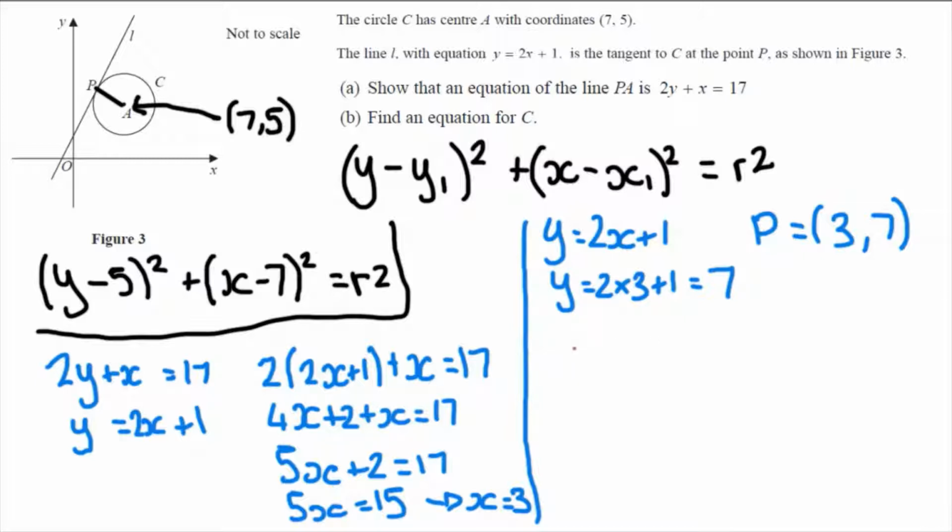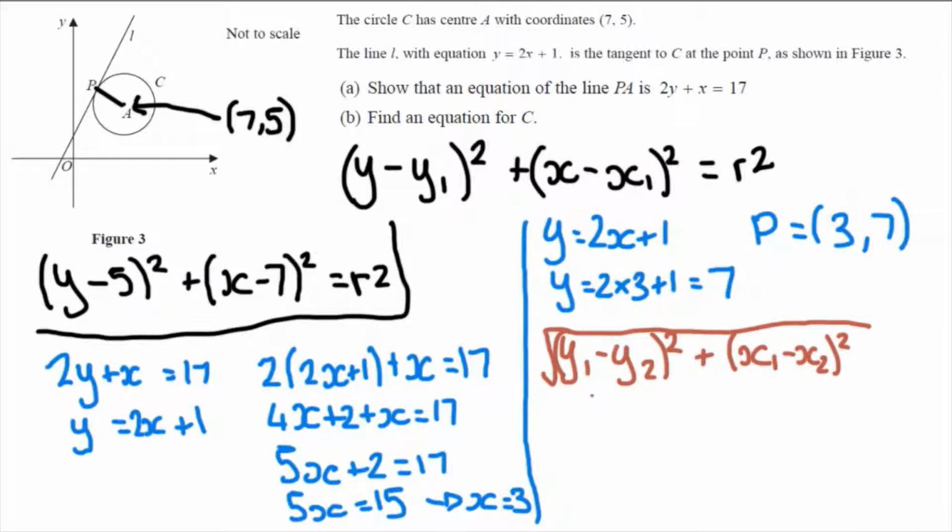So for those who aren't familiar, the equation to find the distance between 2 points is the square root of y1 minus y2 squared plus x1 minus x2 squared. So substituting the values in that we have, we'll take this to be coordinate 1, and we'll take this coordinate up here to be coordinate 2.